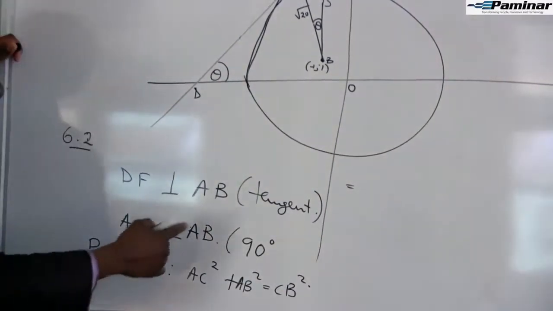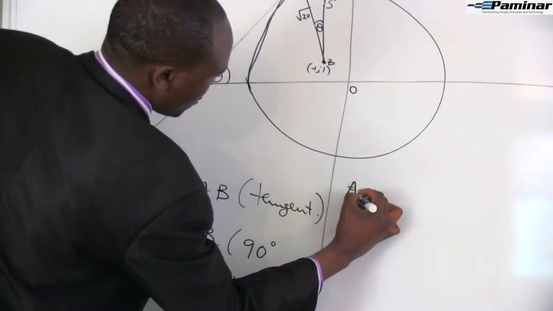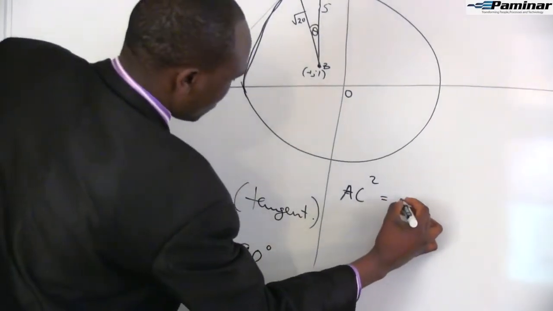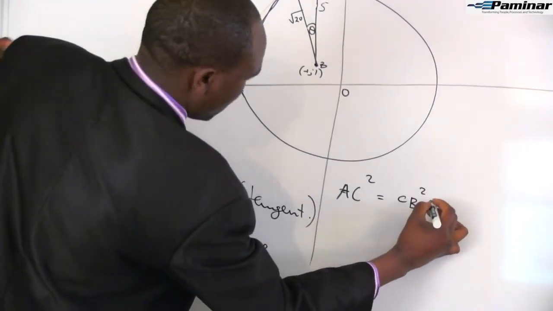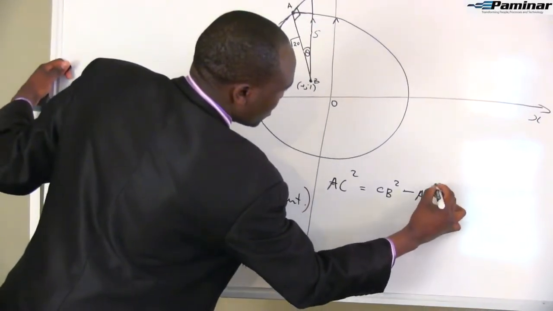Now, AC squared is the one we're looking for. AC squared is equal to CB squared minus AB squared, because it's going to the other side.